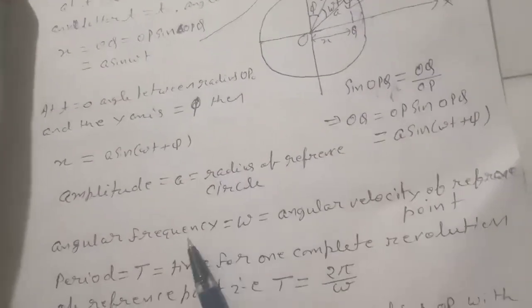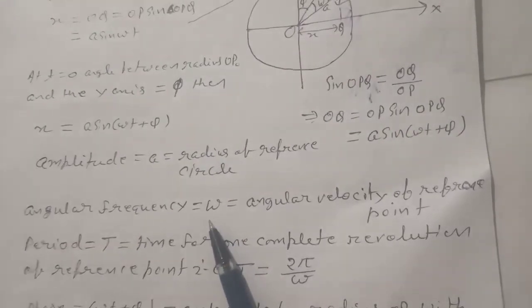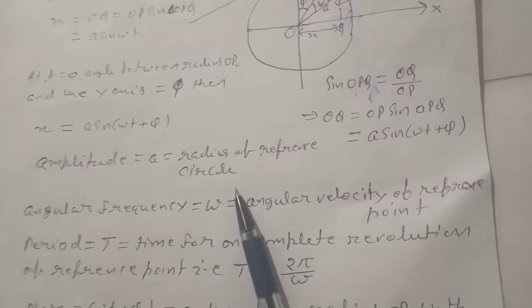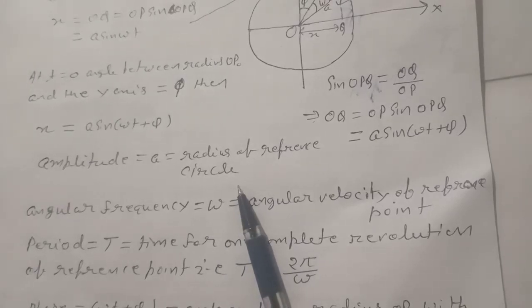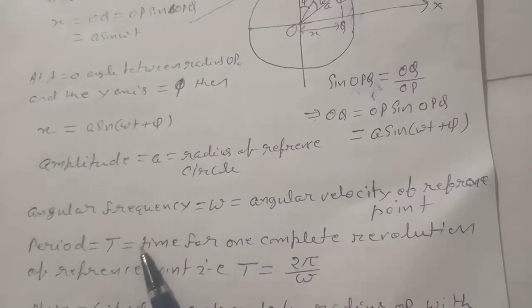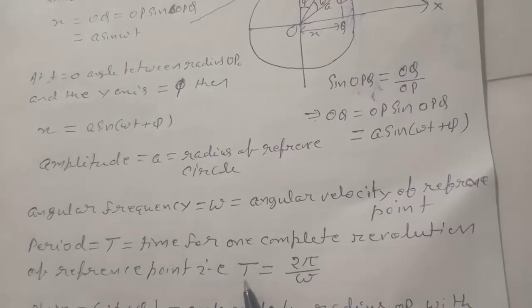The angular frequency omega of the simple harmonic motion is the angular velocity of the reference point, that is point P. And the time period T of the simple harmonic motion is the time for one complete revolution of the reference point, and T equals 2 pi by omega.